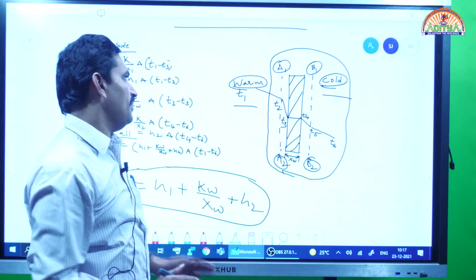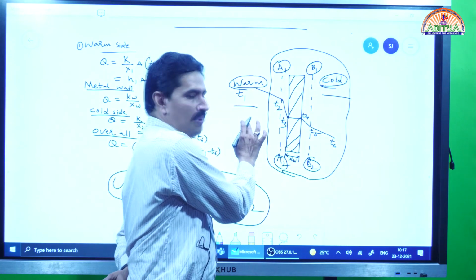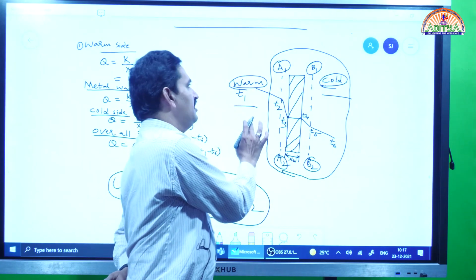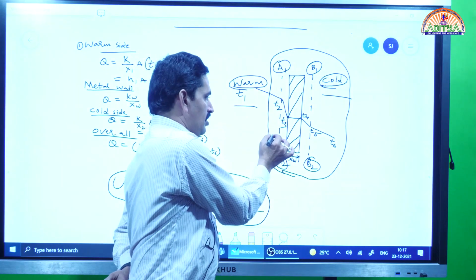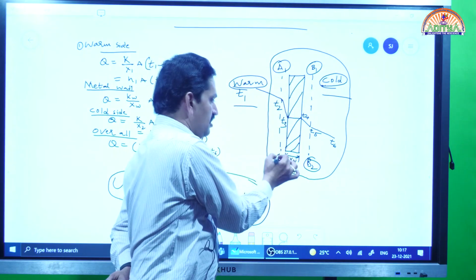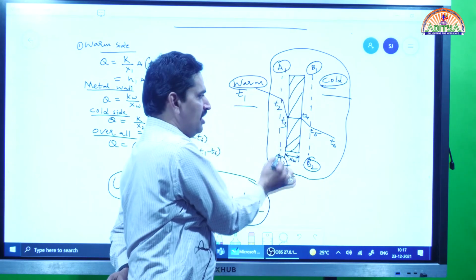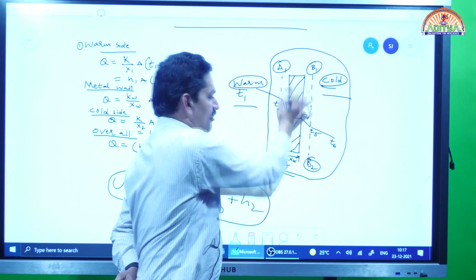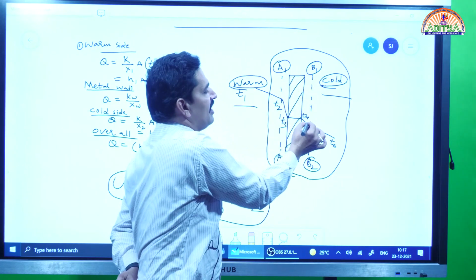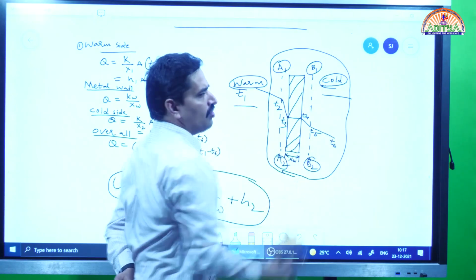Here, whenever warm water is at a certain temperature, that temperature permeates through the warm water film, that is A1, A2, and that heat permeates through the metallic wall, and then permeates through the cold water film into the cold water.